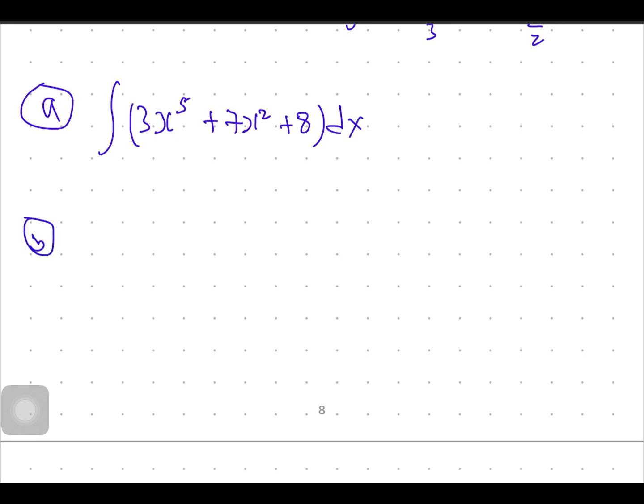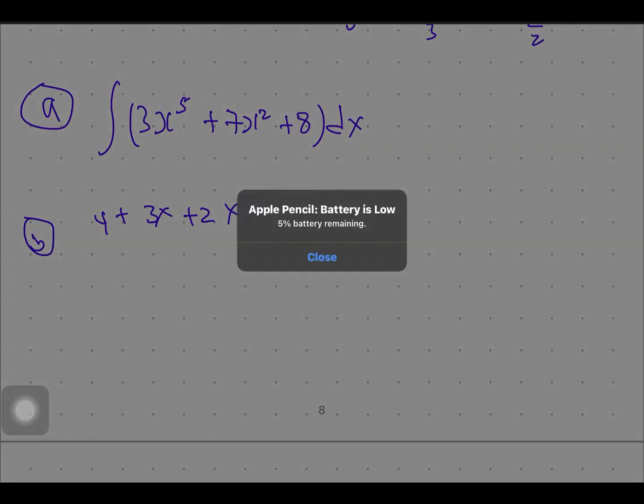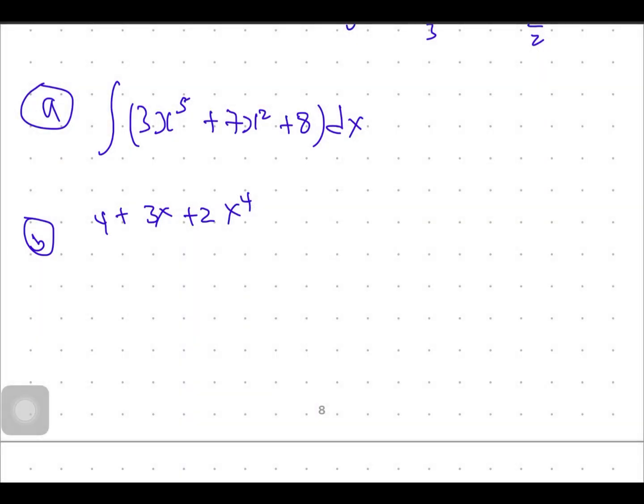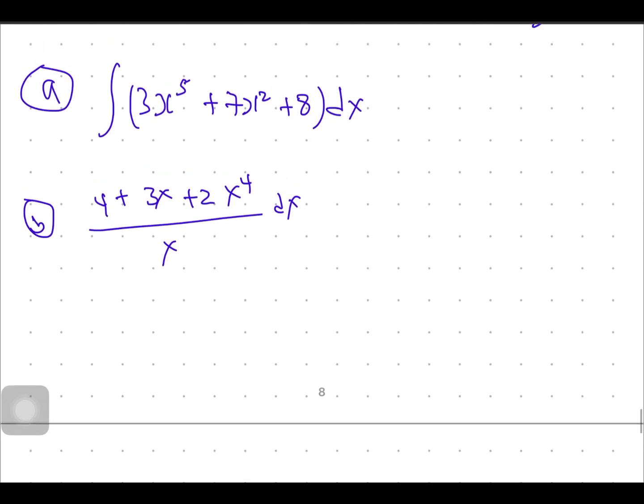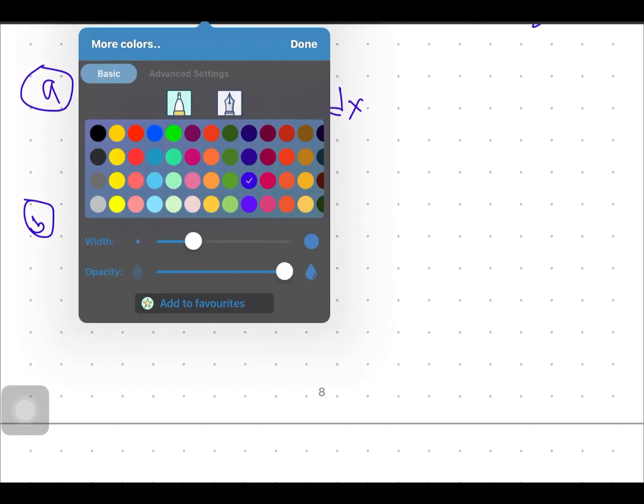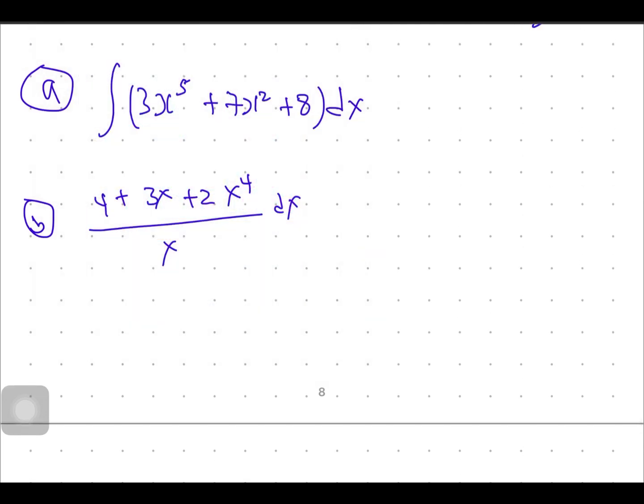Then my next question is the integral of 4 plus 3x plus 2x power 4, all over x, dx. In solving these, what you need to do is apply the same thing that we have learned not long ago.